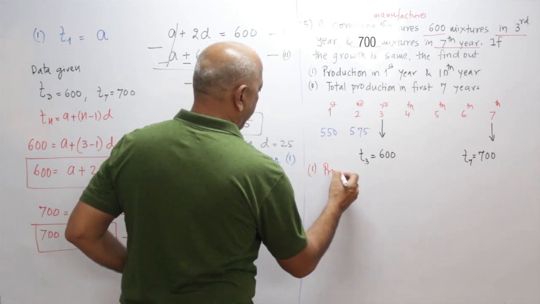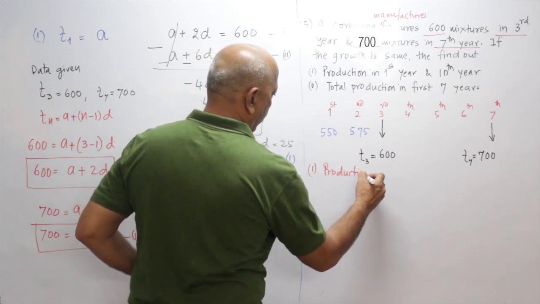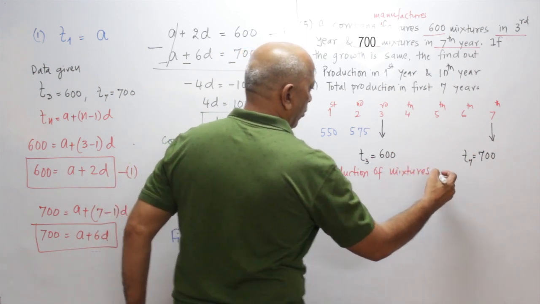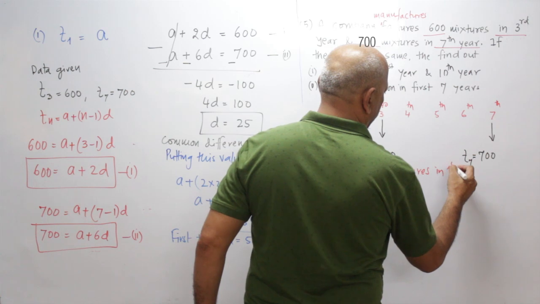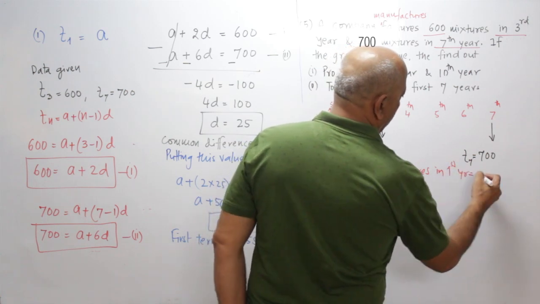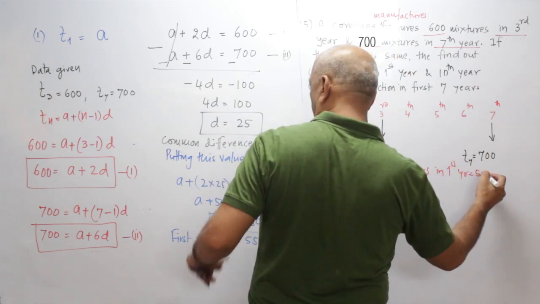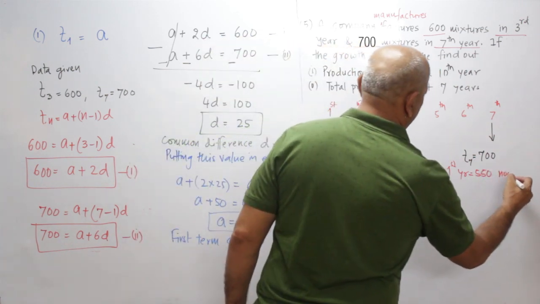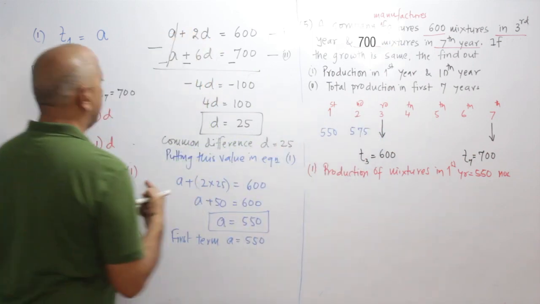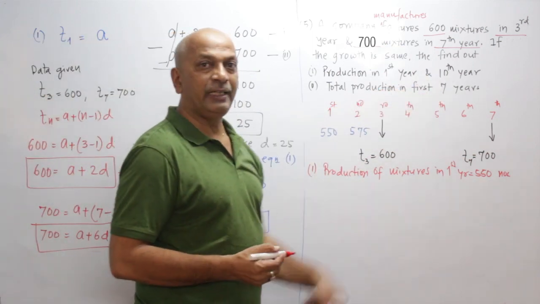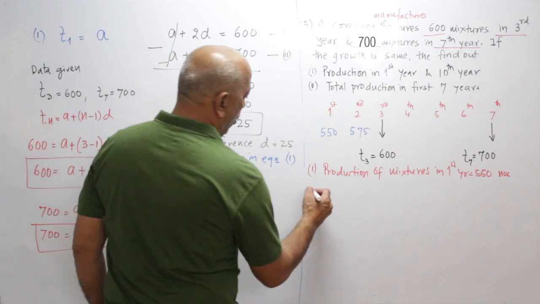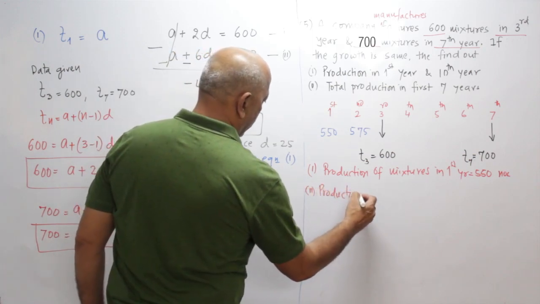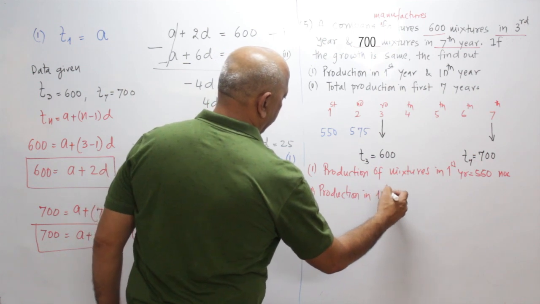Production of mixers in first year is equal to 550 numbers. Now we have to calculate the production in the 10th year.